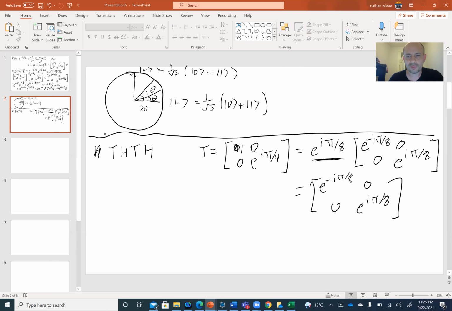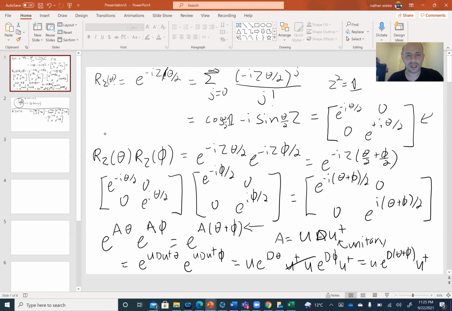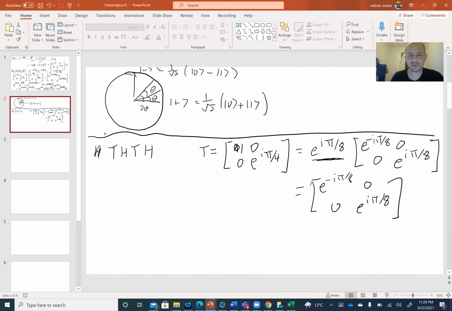Now, if we want to express this more conveniently, let's go back. This ends up being exactly of the same form as this operation over here. And so we can say that T is equal to Rz of pi by 4 using that previous notation.